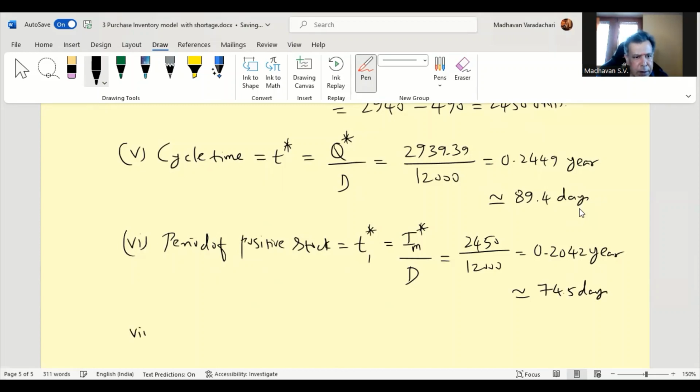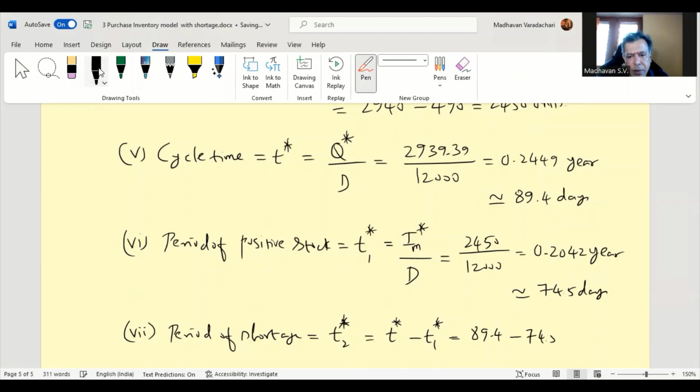Then the seventh one, period of shortage, which is T2 star. We know T1 star plus T2 star is nothing but T star. That means we can write this as T star minus T1 star, which is 89.4 minus 74.5.